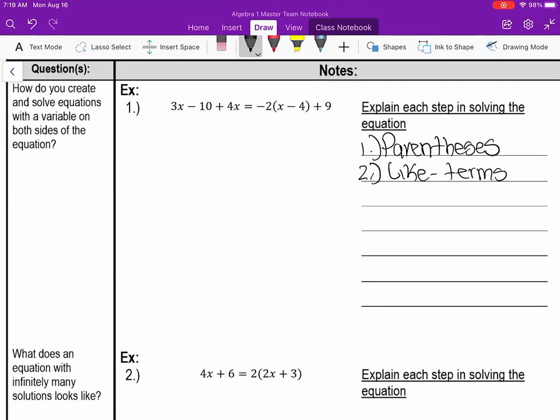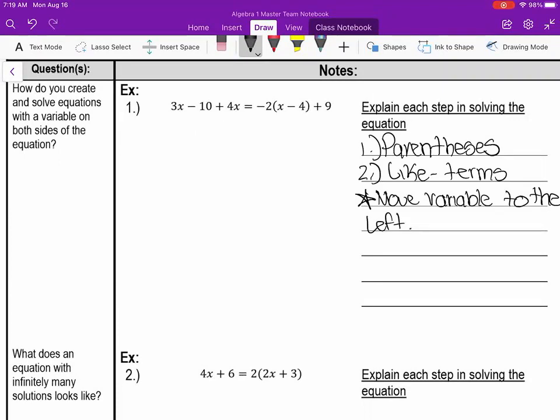Now, I am going to add an extra step, because since we have variables on both sides, we have to move those variables to one of the sides. My advice is move the variable to the left.